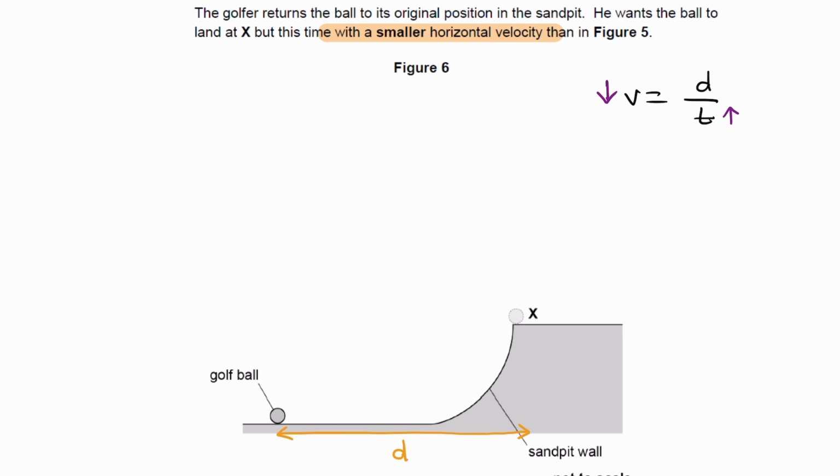So let's just recap that. Horizontal distance stays the same. In order to decrease horizontal velocity, that would mean the time taken, the time of flight, must increase. For the time of flight to increase, the vertical component of velocity must increase. If you increase the vertical component of velocity and you decrease the horizontal component of velocity, that will basically look something like this.